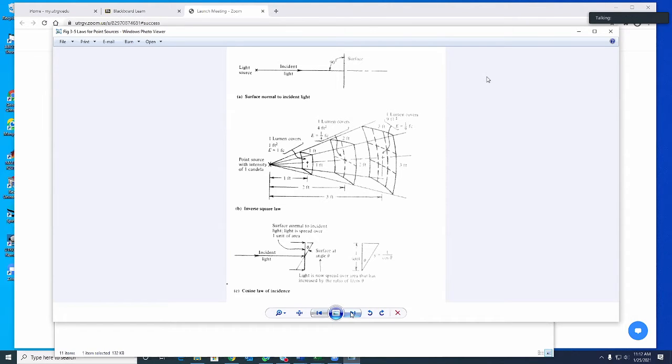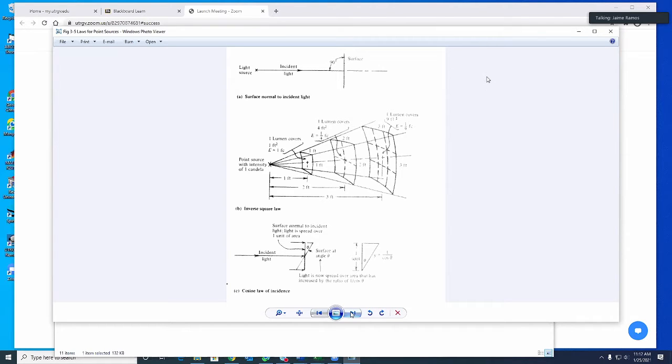Okay, so let's recap. From the source, it goes out 1 lumen per steradian. So the source can be characterized by lumens per solid angle. So how many lumens go out?